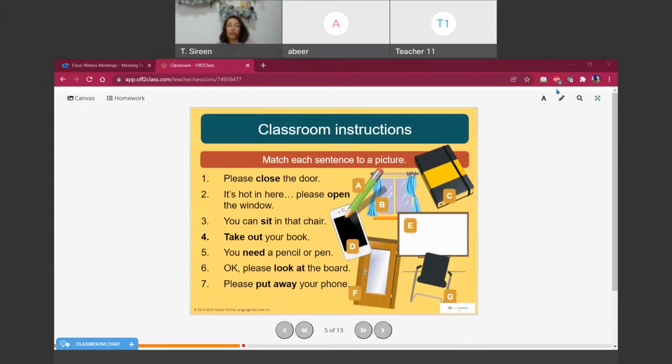يلا. Please close the door if it is hot in here. Please open the window. B. You can sit in that chair.